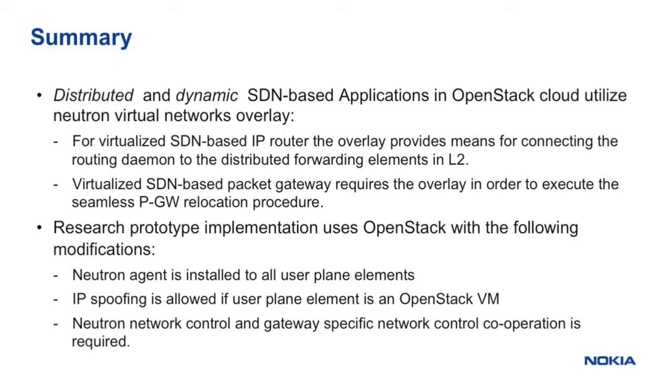Our research prototype implementation uses OpenStack with the following modifications. First of all, the Neutron agent is installed to all user plane elements. Then IP spoofing is allowed. And then in the distributed nodes, the Neutron network control and gateway-specific network control need to cooperate.